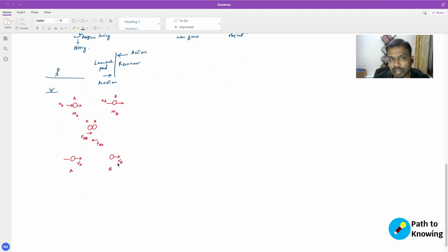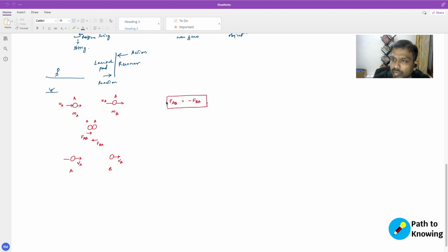Now Newton's third law states that FAB equals FBA, right? Every action has an equal and an opposite reaction. So this is Newton's third law.